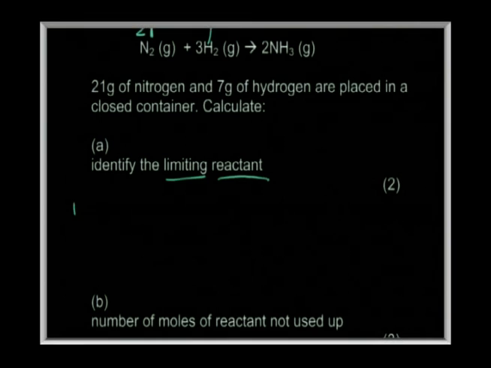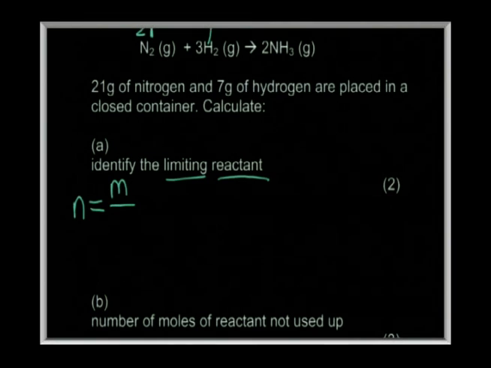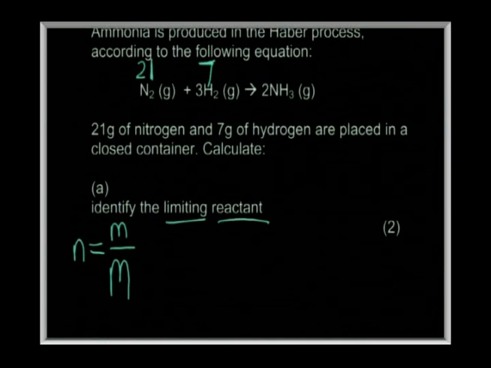Right, so I'm going to say n is equal to the given mass over the periodic table mass. I was given 21 grams of nitrogen. The periodic table mass is 28 because it's N2.